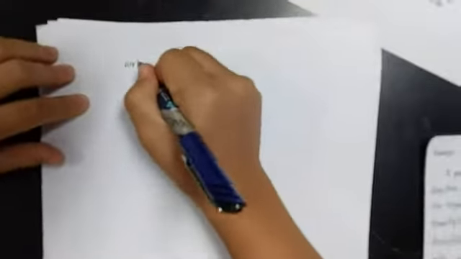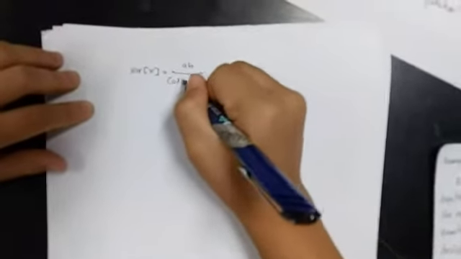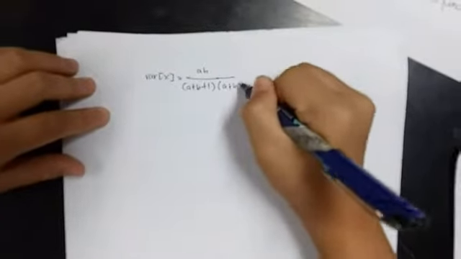Now, by substitution, we get this thing. We will substitute this into our variance formula. So we have variance of X equals AB over (A plus B plus 1) times the quantity (A plus B) squared.